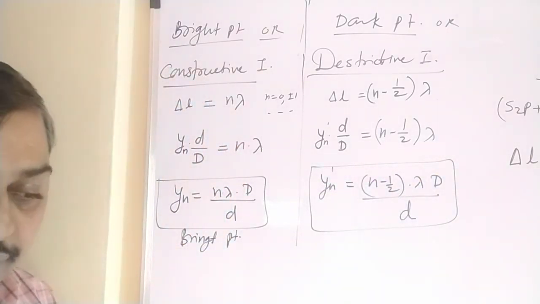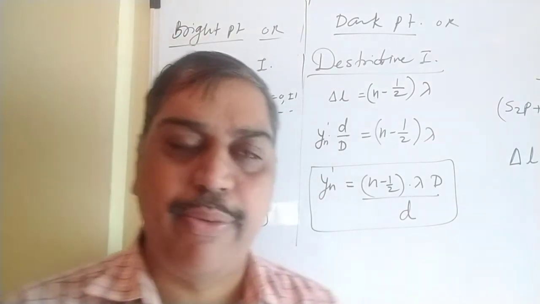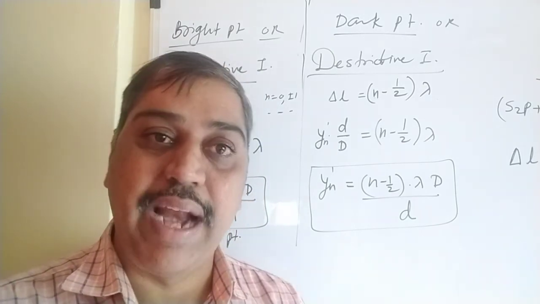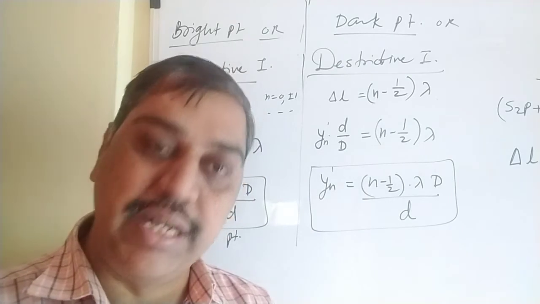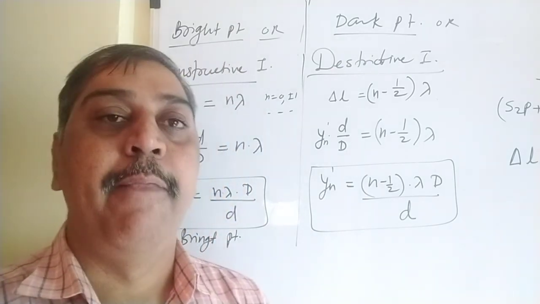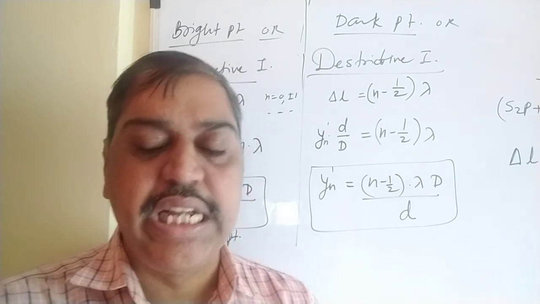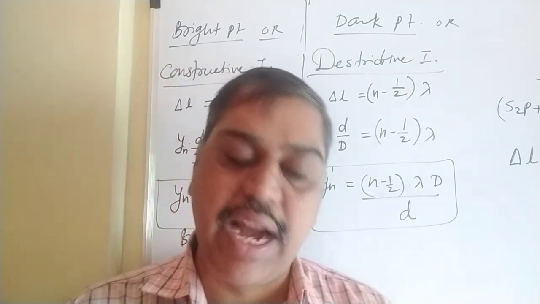Now if you find out the fringe width: this alternate dark and bright point we are getting in an interference pattern are said to be fringes. Bright fringes, bright points. Dark fringes, dark points. We can find out the fringe width, the distance between nearest consecutive, successive bright points or dark points.